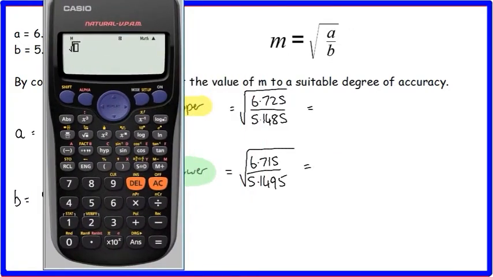Square root, fraction, 6.725 divided by 5.1485, 1.14289, 1.14.